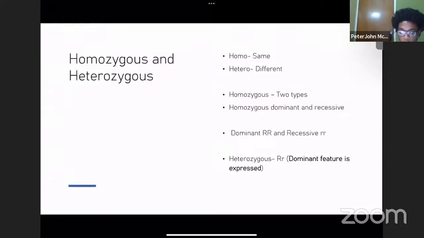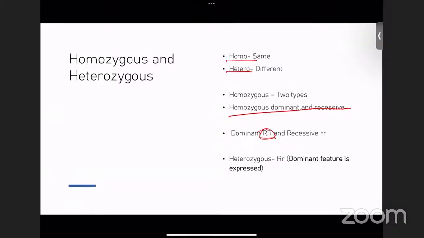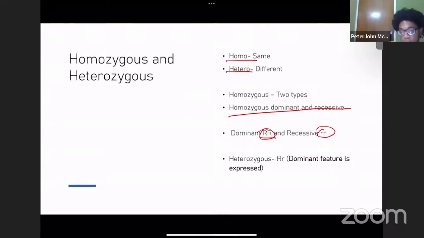So homozygous and heterozygous. What does homo mean? Same. Hetero means different. For homozygous you have two types, homozygous dominant and homozygous recessive. Here we have dominant RR. Is this RR homozygous? Yes, sir.